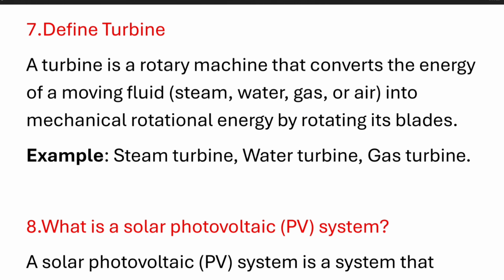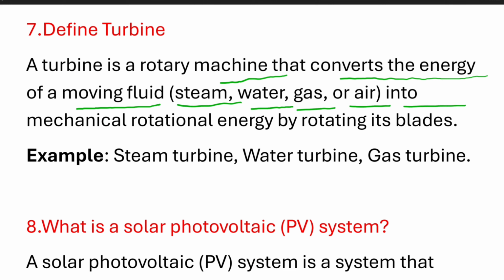Define turbine. How are you going to define the turbine? It converts fluid energy into mechanical energy by using blades. Coming to the definition, a turbine is a rotary machine that converts the energy of a moving fluid, which may be steam, water, gas or air, into rotational energy by rotating its blades.